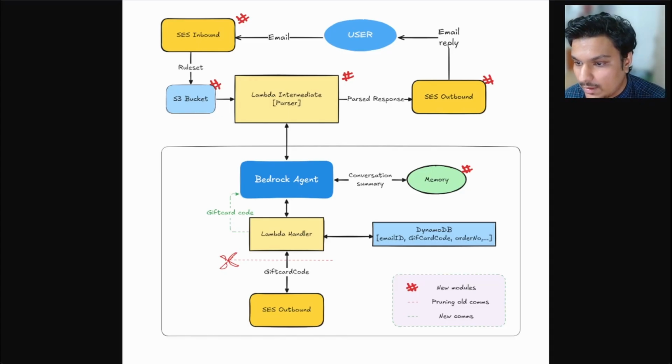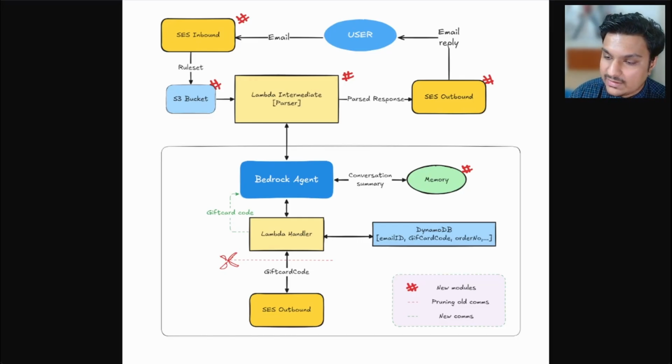In between, you have this conversation summary and memory setup. What happens here is the Bedrock agent's session only stays alive for 60 minutes. So within the span of 60 minutes, any number of times you message the agent with the same email address, you access the same session.